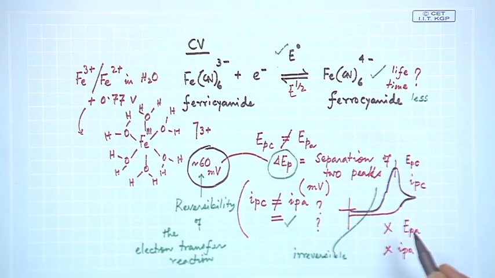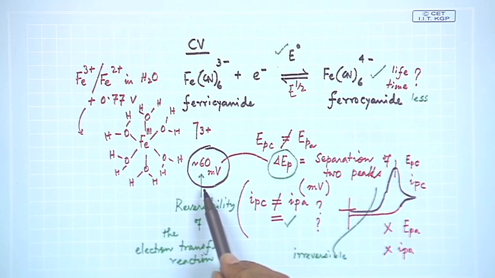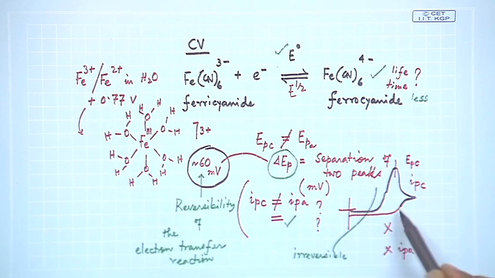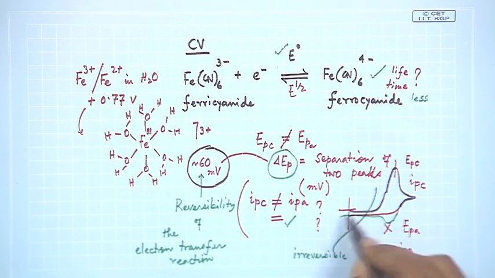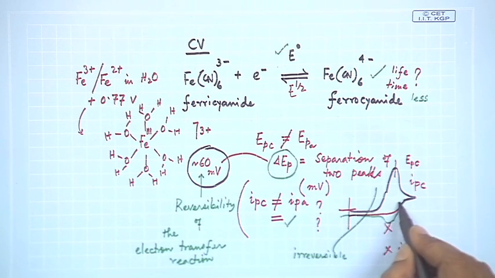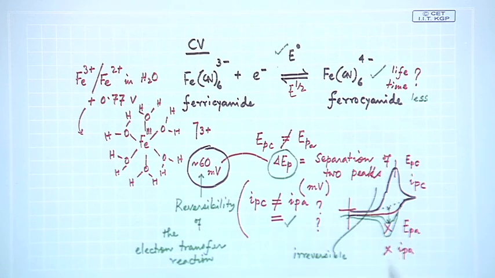Between these two extremes, in one case you have a 60 millivolt separation, in another case it is almost nil. In between, sometimes we get a very small peak over here, because the current is less, as this is the extrapolated line, and sometimes if the lifetime is more we get a plot like this.